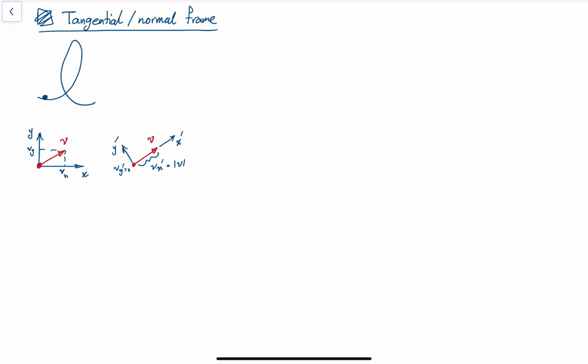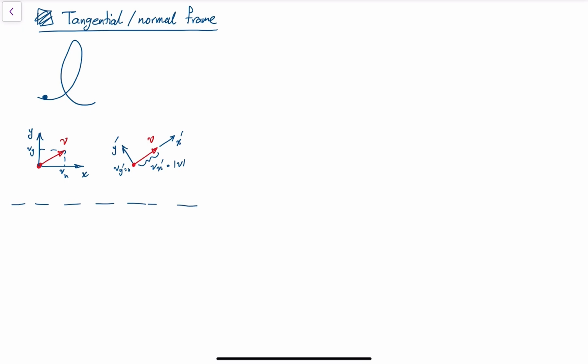So the components change, but the vector remains the same. That's what we mean by describing the motion in a different frame. The components essentially change. So that's what we want to do. We want to find a new frame that uses the information about the path, and that hopefully helps us simplify the problem. So how do we do that?